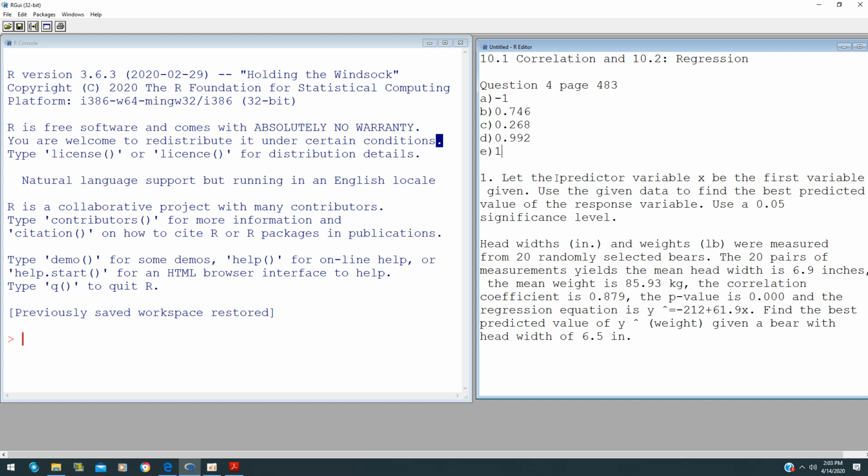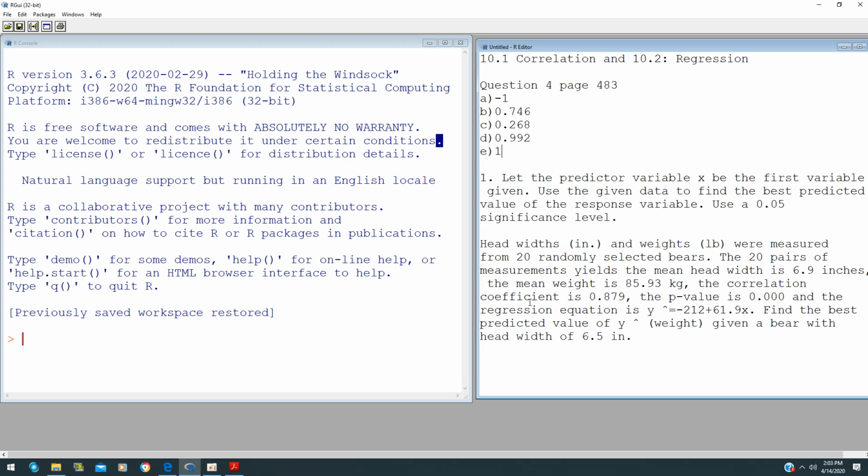Now let's talk about question 1 here. In your notes, it says: let the predictor variable x be the first variable, and given the data, find the best predicted value of the response variable. Use a 5% significance level. Height and weight are measured from 20 randomly selected bears. The 20 pairs of measurements yield a mean height of 69.6 inches and a mean weight of 85.93.